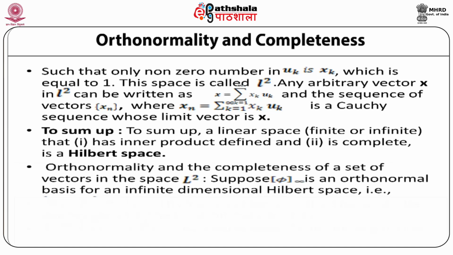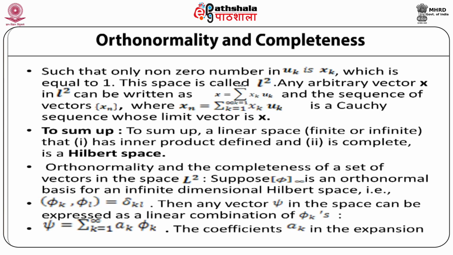Then we come on to orthonormality. So, orthonormality and the completeness of a set of vectors in the space L square. For defining this, let us suppose that phi k, within square brackets, k going to infinity, is an orthonormal basis for an infinite dimensional Hilbert space.